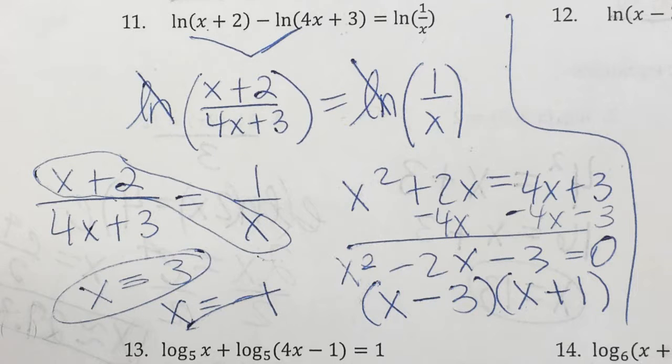This one over there. Yeah, you can do that. So x minus 3. The quotient's going to be what? 7x.